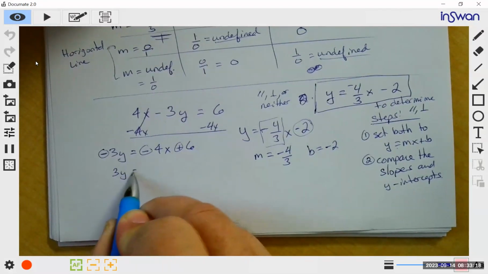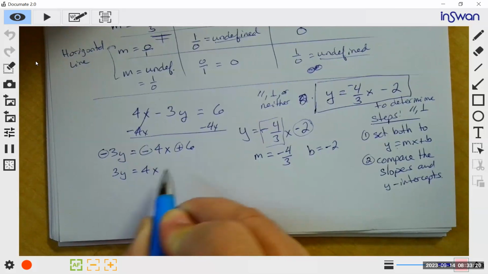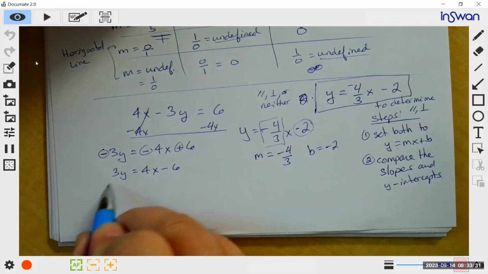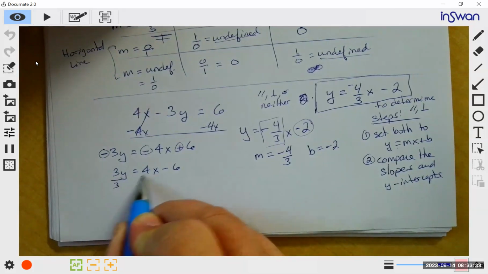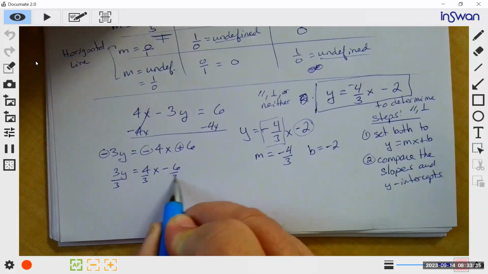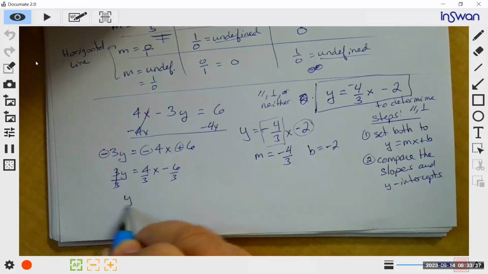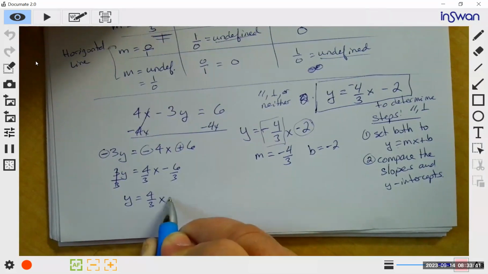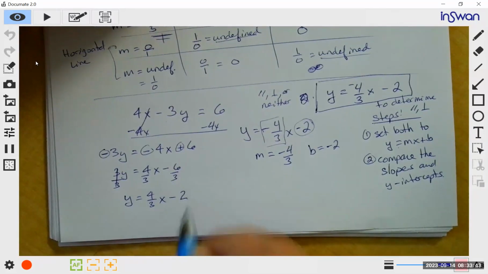That becomes +3y equals +4x minus 6. And then last step to get y by itself, we divide each term by 3. 4/3 x, 6 divided by 3 is 2.